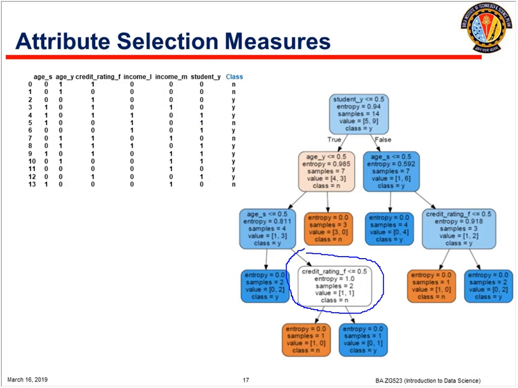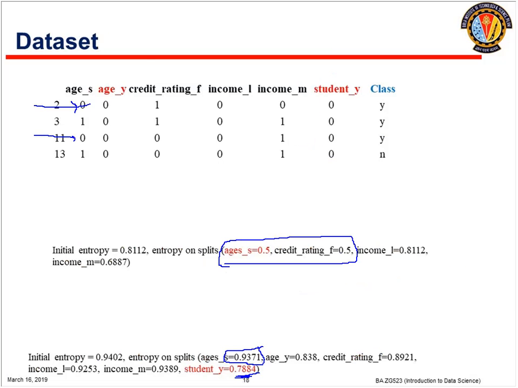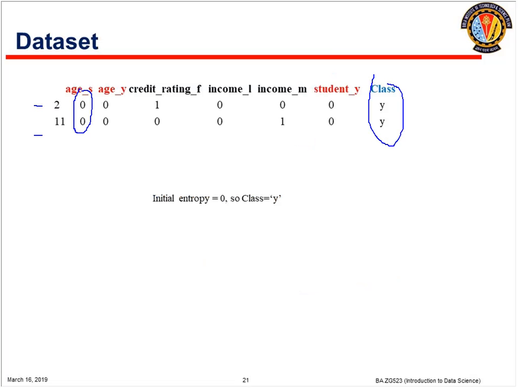Once you split on credit rating, the entropy for either case becomes 0, because whether you have 1 or 0, it doesn't matter, you only get class Y.